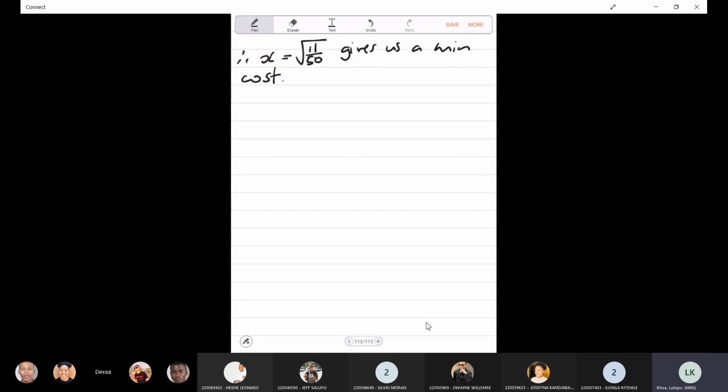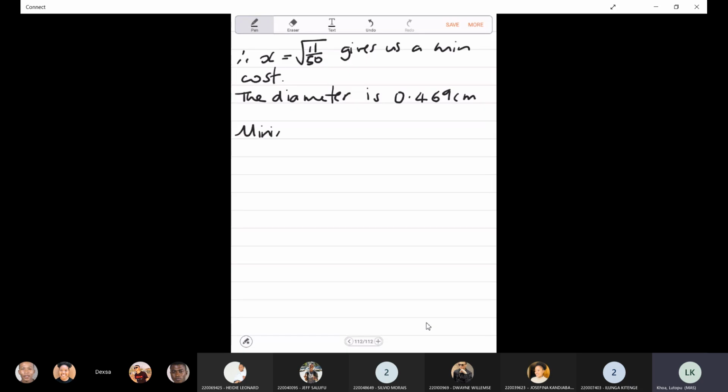So we can say that the diameter is square root of 11 over 50, and to 3 decimal places, this is 469 centimeters. So that was the first part. It said find the diameter that gives a minimum cost. And then now we have to work out the minimum cost itself.